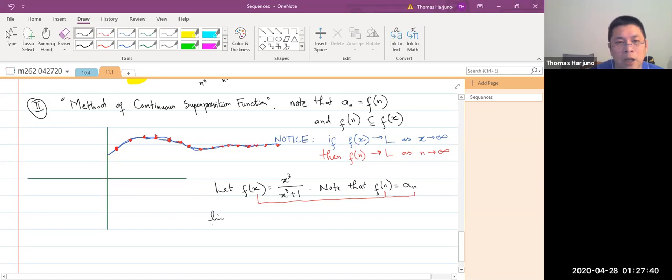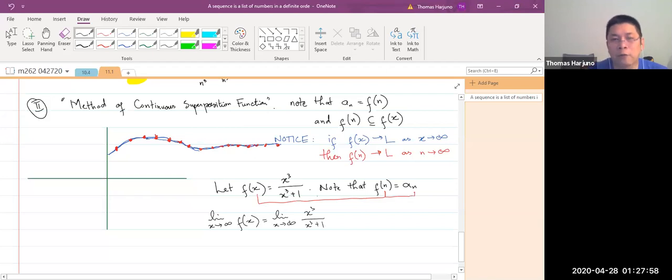The limit as x goes to infinity of f(x) is the limit as x goes to infinity of x cubed over x cubed plus 1.